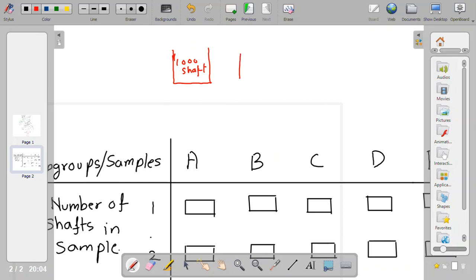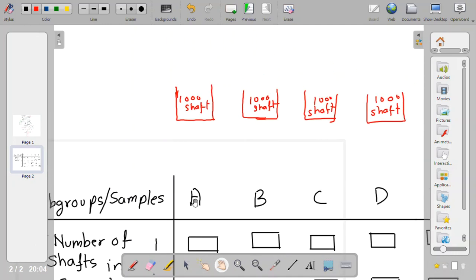Like this, different lots are there, each with 10,000 quantities of shaft. These shafts are manufactured at different time zones.